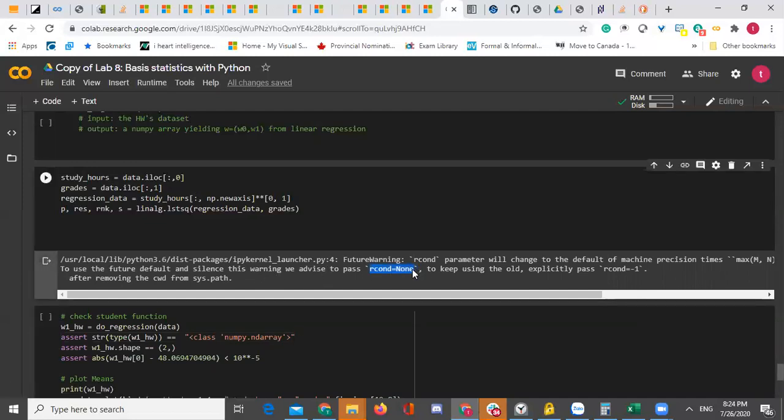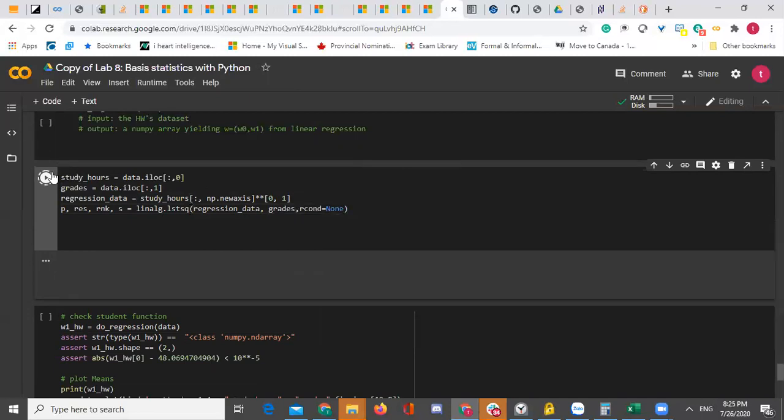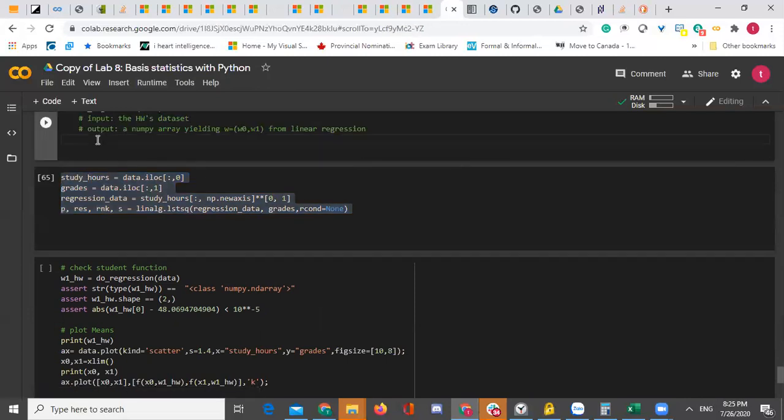Okay, so should I do this record but none? If you don't want to see the warning, yes. Okay. I think it's worked, so let's pass it in the function.